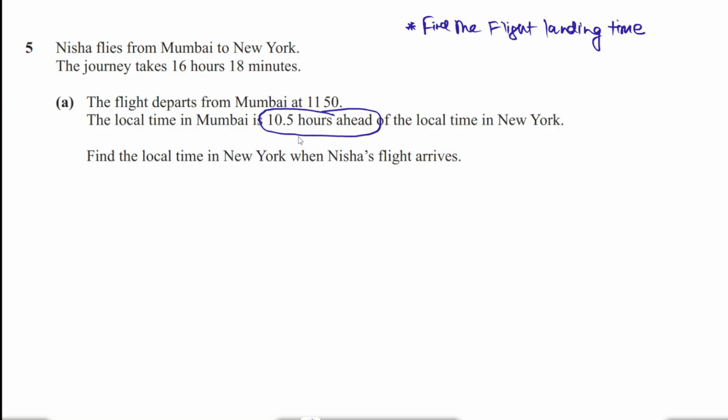Do not consider this. We will consider it at the end. Okay, so let us see. Now find the flight landing time. Landing time means the flight starts at 11:50 and it takes this much of time. If you add these two, you'll have the flight landing time with respect to Mumbai. Okay, second thing, look out the landing place.